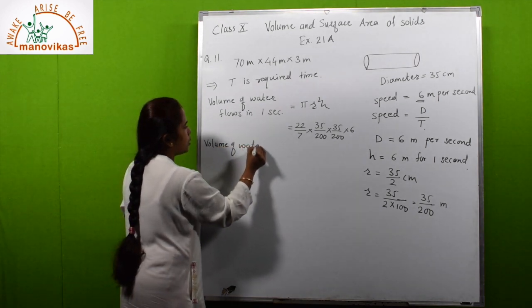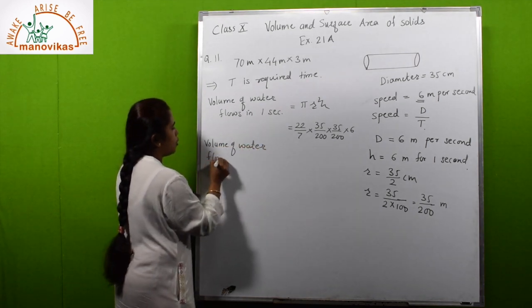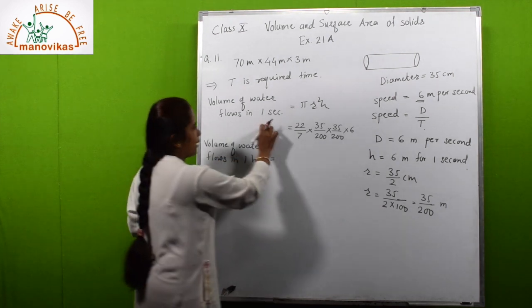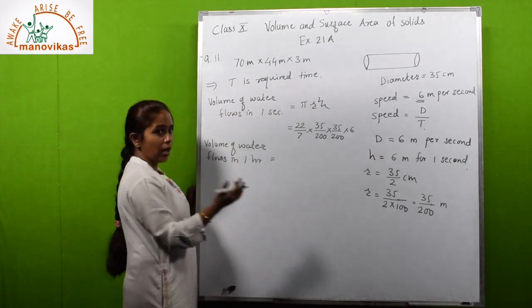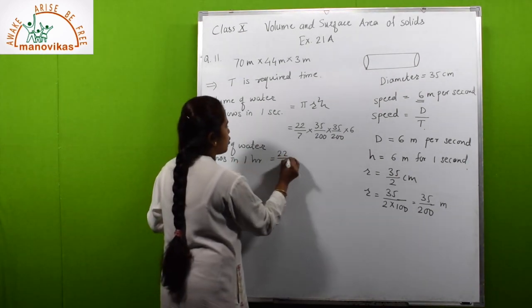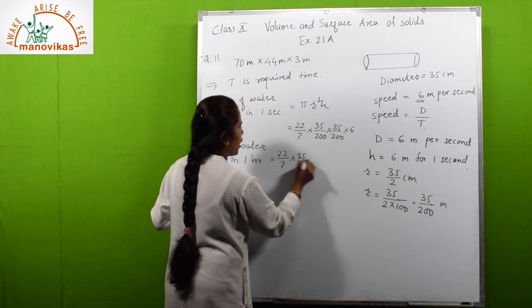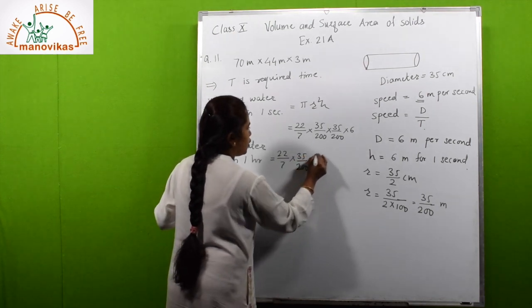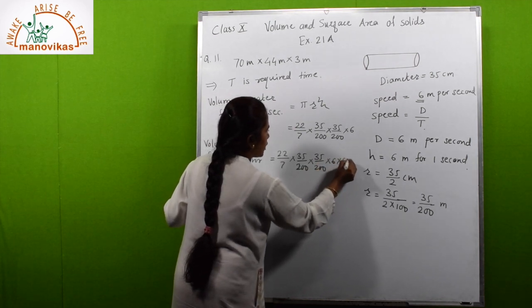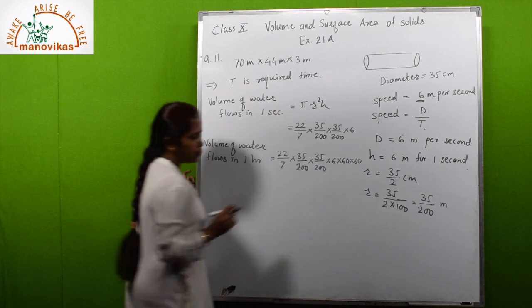The volume of water that flows in 1 hour: for 1 second it is this much, and for 1 hour we have to multiply it by 60 into 60. So 22 by 7 into 35 upon 200 into 35 upon 200 into 6 into 60 into 60.